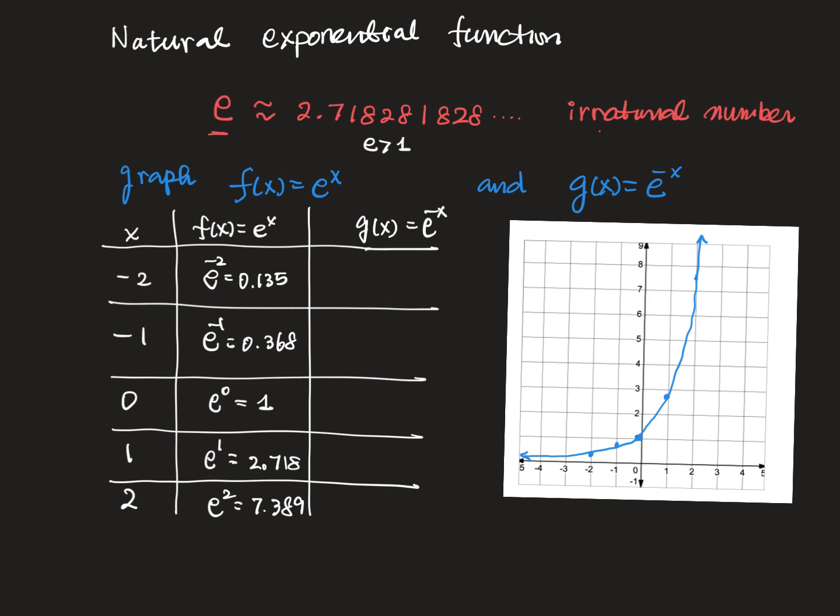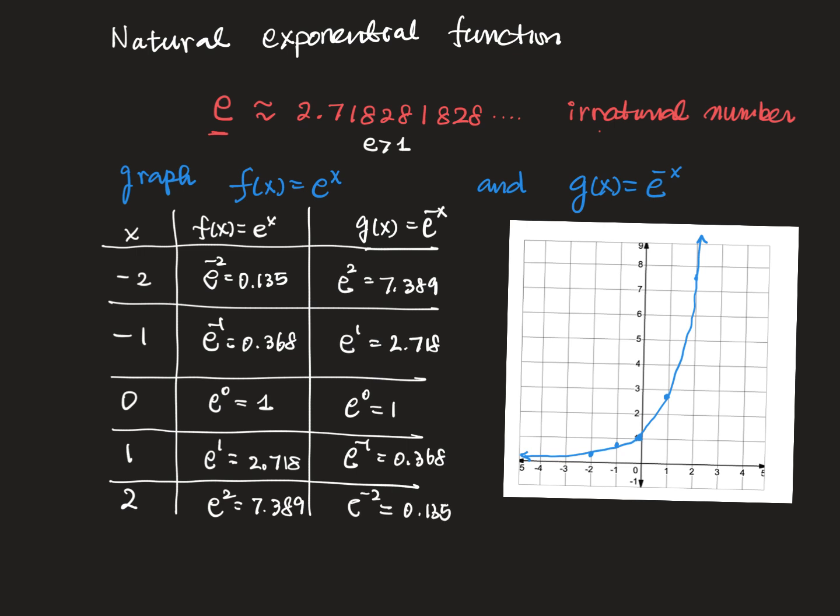Now g of x equals e to the negative x. You're going to find e to the negative 2, then here, 7.389. E to the 1 is 2.718. E to the 0 is 1. E to the negative 1 is 0.368. E to the negative 2 is 0.135.